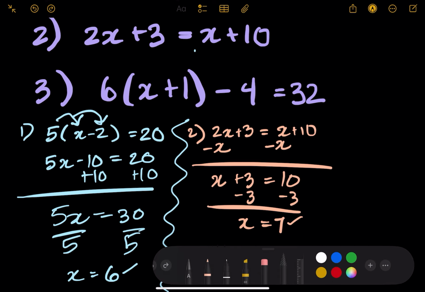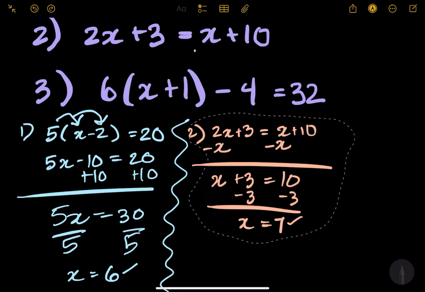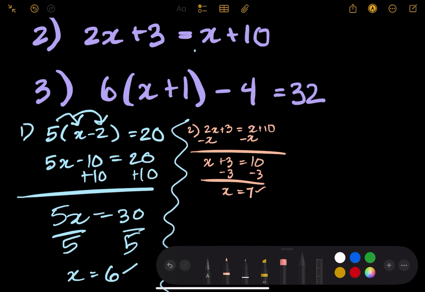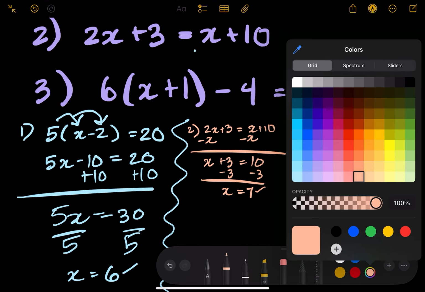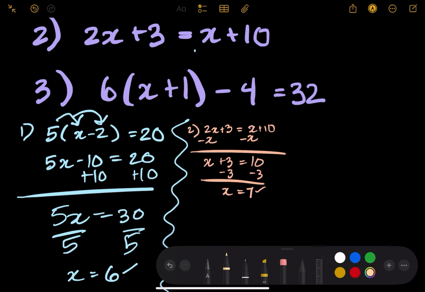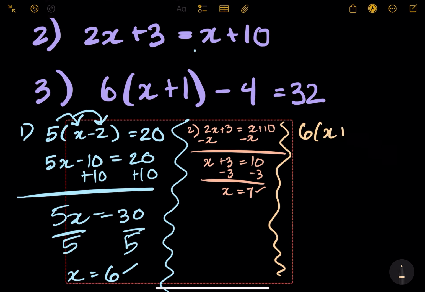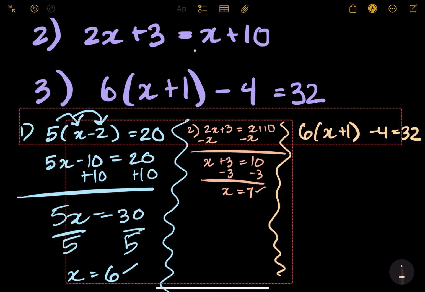Next, let's make this entire thing smaller and we can head on to number 3. Okay, let's do it in orange. Okay, so 6 times x plus 1 minus 4 equals 32.